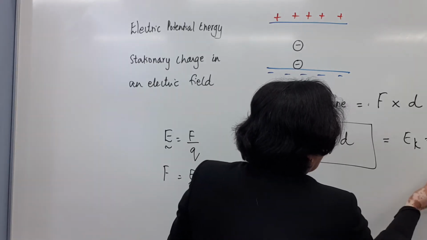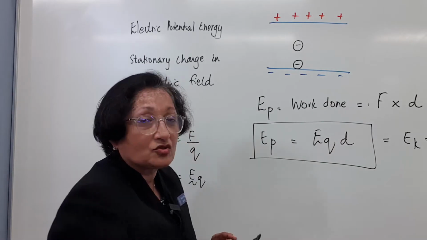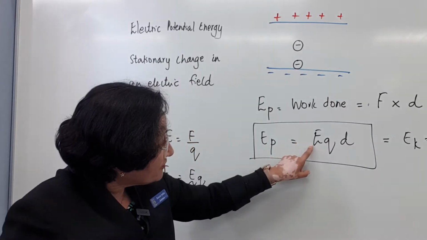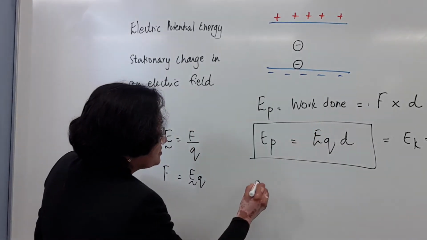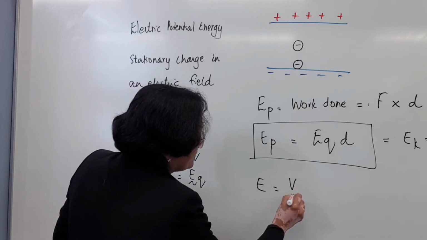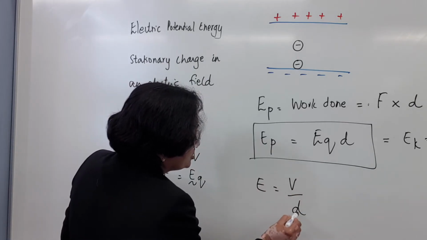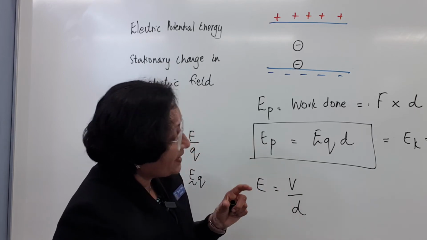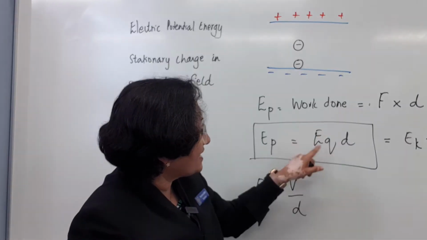So you equate half mv squared equals EQD. How do you find E? The way to calculate E is E equals V over D, the voltage across the plates divided by the distance between the plates. So that's what you do.